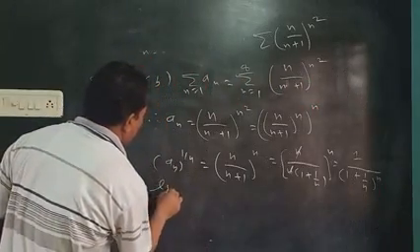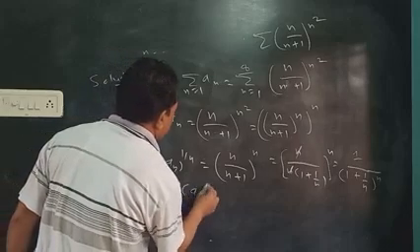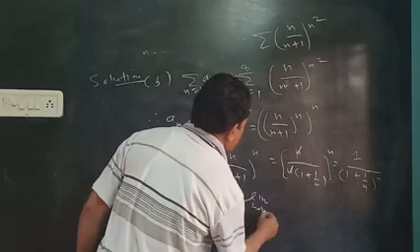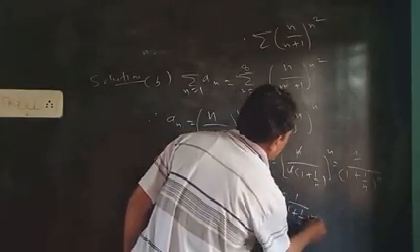Okay, now the limit as n tends to infinity of a_n raised to power 1 by n equals the limit as n tends to infinity of 1 upon 1 plus 1 by n, raised to power n.